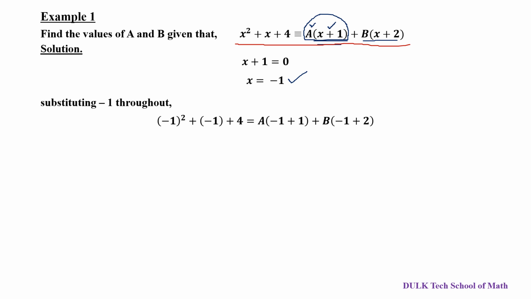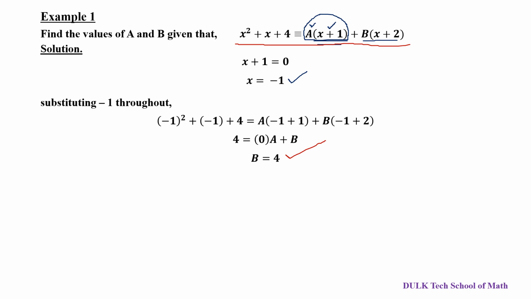This simplifies, on the left hand side, to 4. On the right hand side, we find a factor of 0 plus b, and this simplifies to 4, which is the value of b. Done with the value of b.